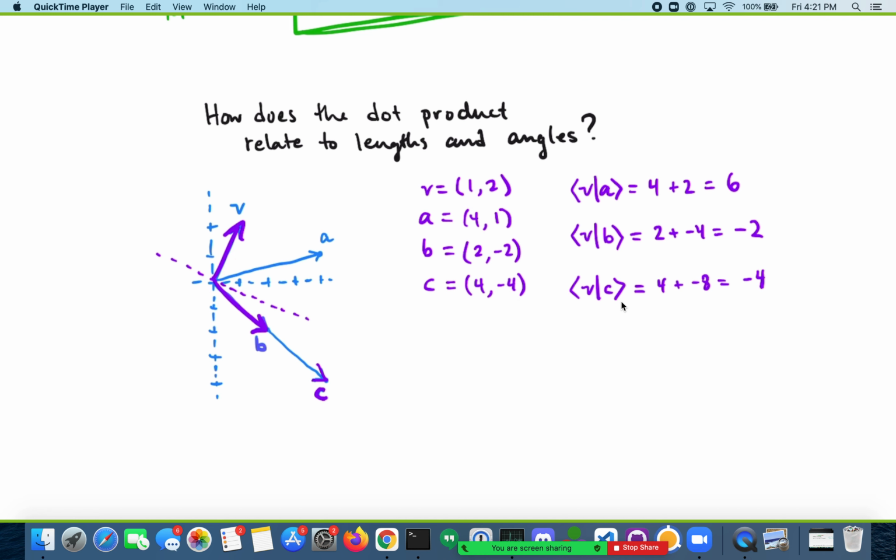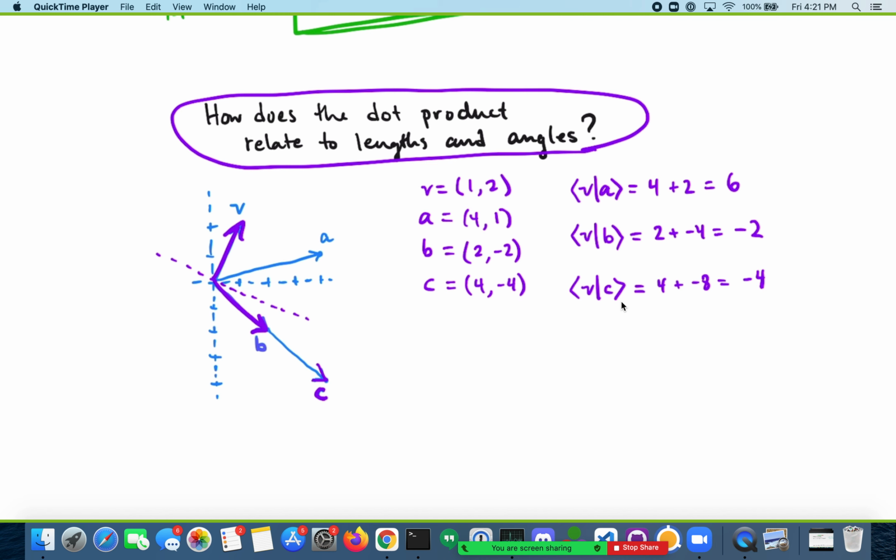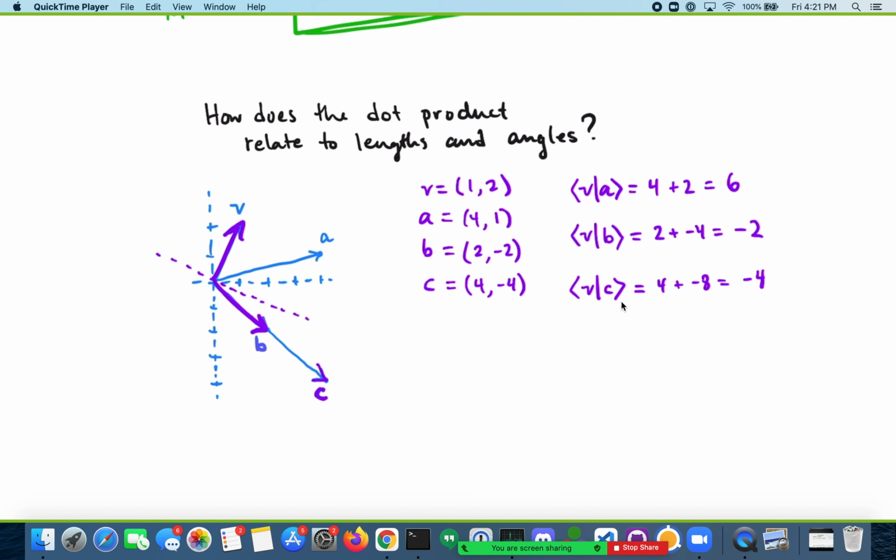And so back to our question. How does the dot product relate to lengths and angles? It turns out, and this is a theorem, which means it's a sort of surprising discovery, V dot W is equal to the length of V times the length of W times the cosine of the angle between them.